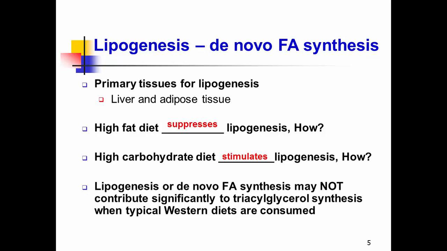So the fatty acids for synthesis of triglyceride mainly come from the diet. If we eat a lot of high-fat diet, we absorb a lot of fatty acids, and these fatty acids are a major contributor to triglyceride synthesis.